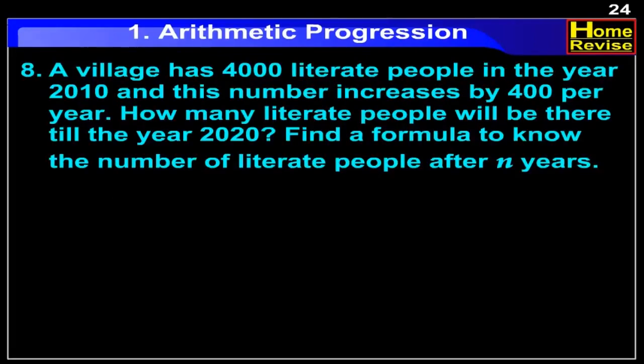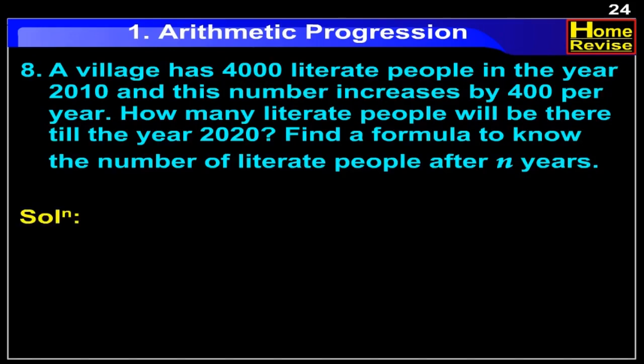A village has 4,000 literate people in the year 2010, and this number increases by 400 per year. How many literate people will be there till the year 2020? Find a formula to know the number of literate people after n years.